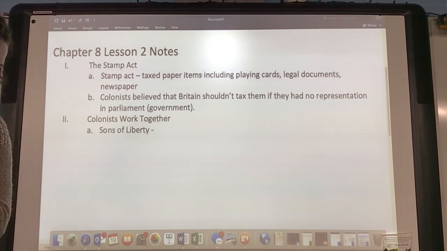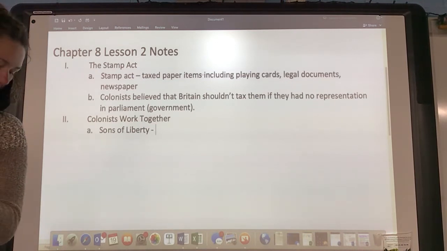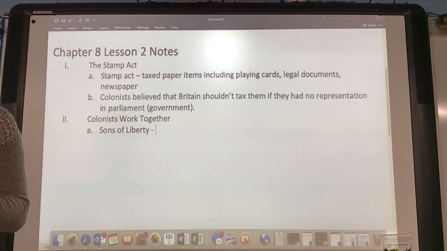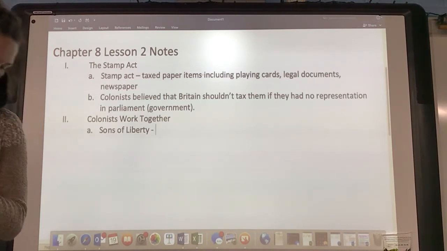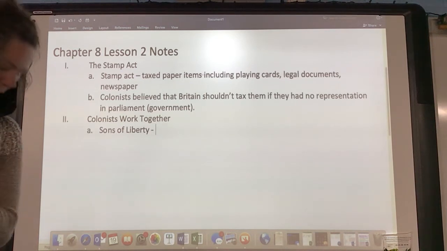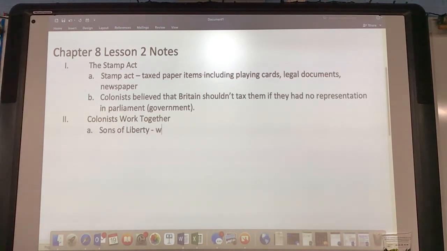Right, so they were capturing people who were collecting taxes, and this was just a group of colonists working against all of what Britain was doing, okay? So they worked against tax collectors, you might say that. If you were coming to collect money for the government, they were not allowing that.